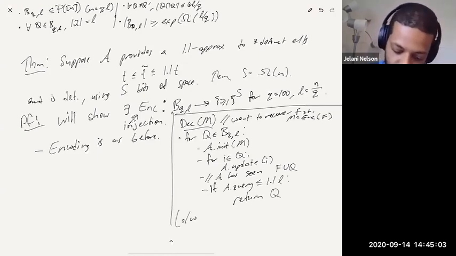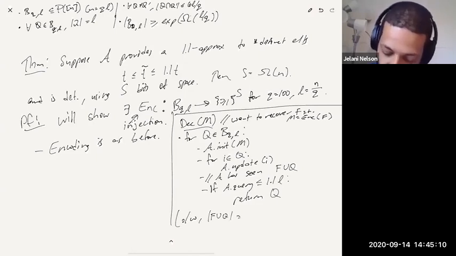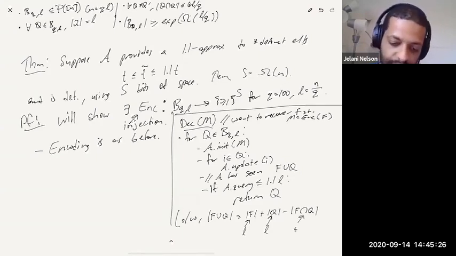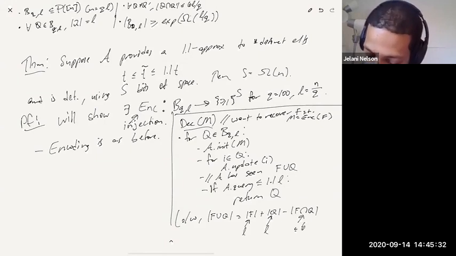Otherwise, we know that F union Q has size equal to the size of F plus the size of Q minus the size of the intersection. This is L, this is L, and this is at most, I said Q was 100, I mean, that was being very conservative, but I know that this is at most 6L over 100, which is like 0.04L.